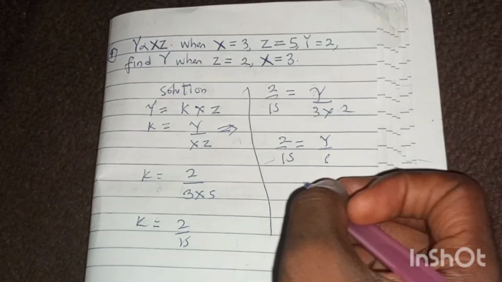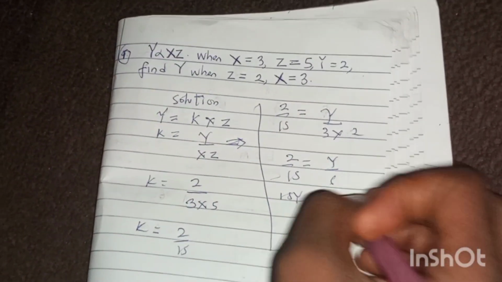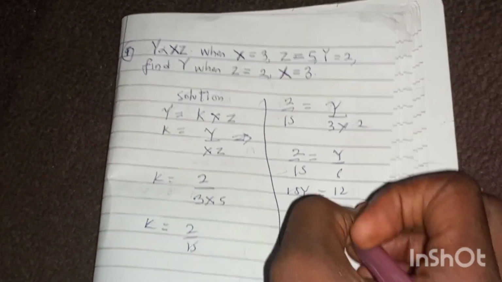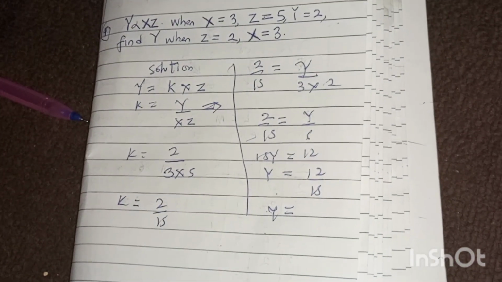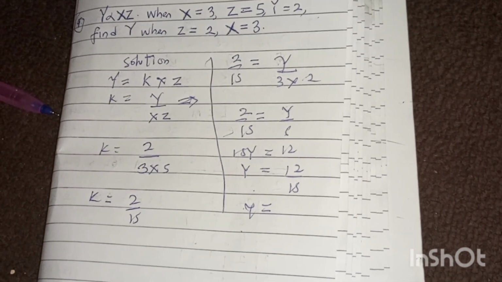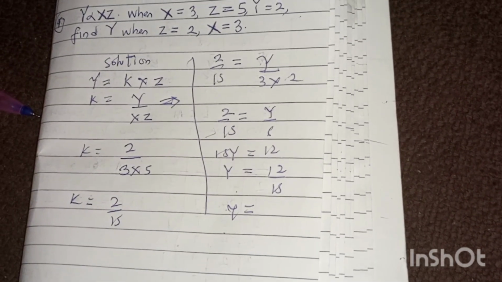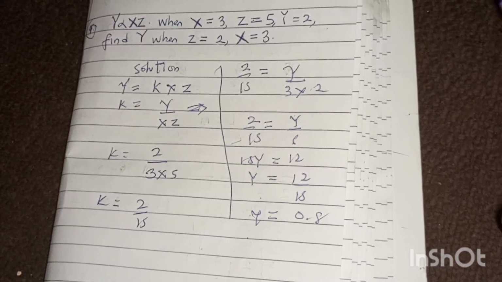So cross multiply, I'm having 15y equals 2 times 6, which is 12. So y is 12 all over 15. You can take it all the way to the lowest term, or just express this as a decimal. So 12 divided by 15 should be 0.8. So y is 0.8. That's question number 9.